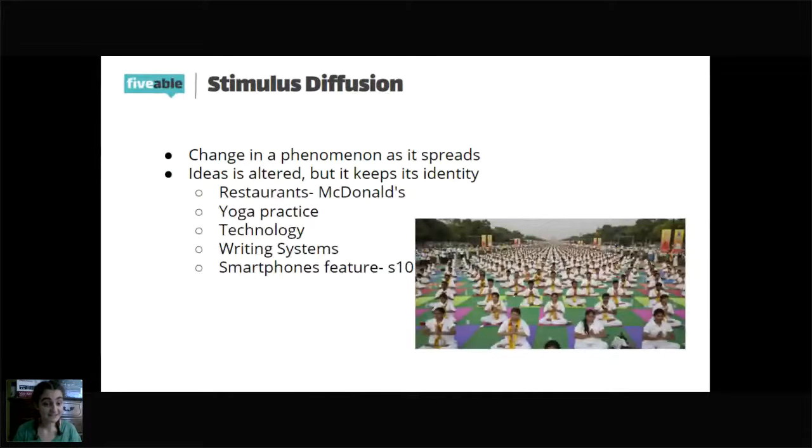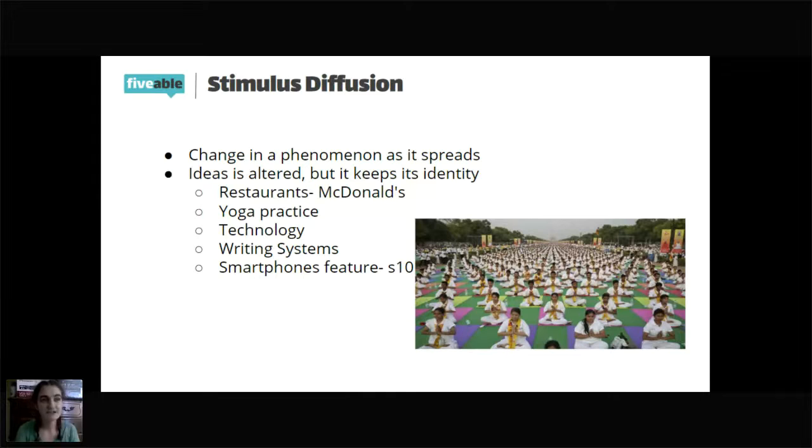Technology and writing systems. Do writing systems change? This is a hard one because you have to have intermixing of cultures and different languages to have changes in writing systems. But influence of languages and writing systems by other cultures, that's still an example of stimulus diffusion because it's changing, but it's still the same.